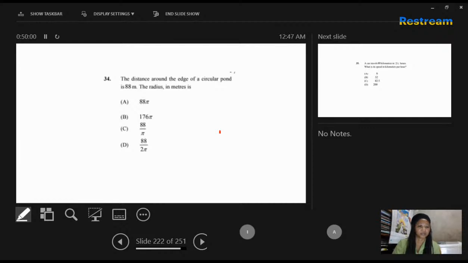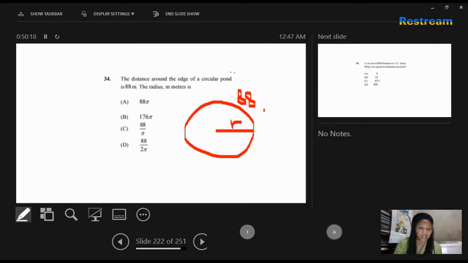All right, Asar. Number 34. The distance around the edge of a circular pond is 88 meters. The radius in meters is. So the circumference is 88. They want the radius. Circumference is 2 pi r, and the circumference is 88.